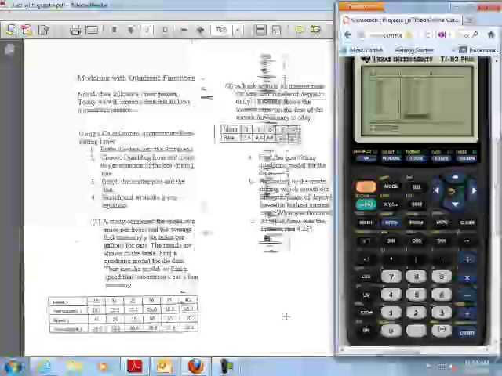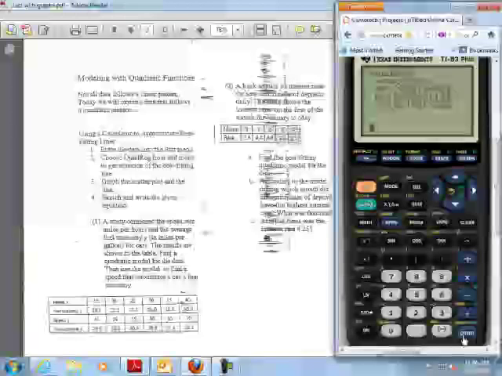To find that, we press Stat again, kind of right in the middle of the calculator. We're going to go over to the Calculate menu. In the last lesson, you chose choice 4 for linear regression. In this lesson, we're going to choose choice 5 for quadratic regression. And we press Enter. It doesn't do anything right away, so then just press Enter again, and it gives us our equation.